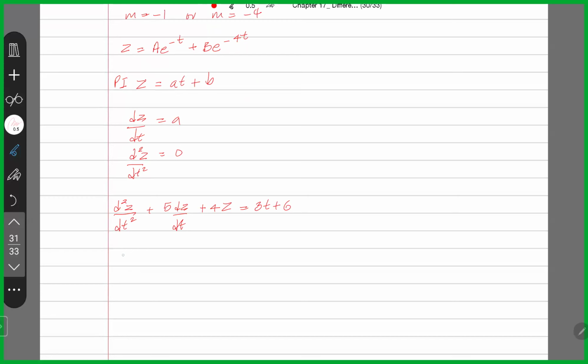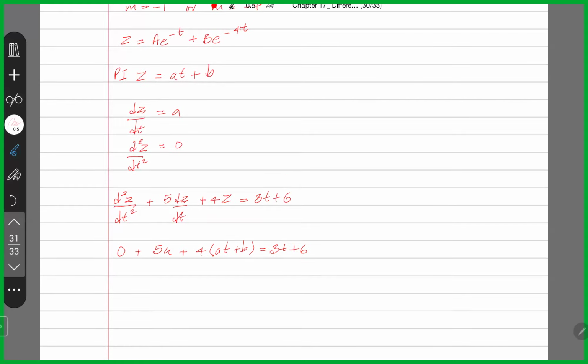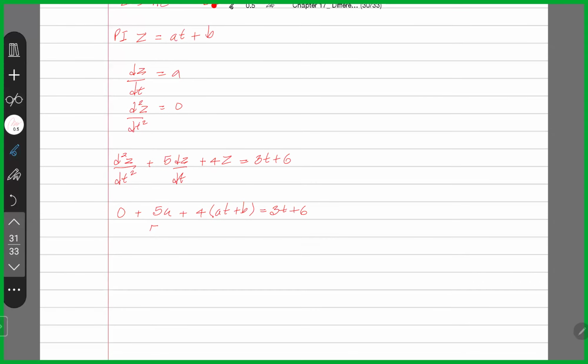Substituting in that, and we get 0 plus 5a plus 4at plus 4b is equal to 3t plus 6.